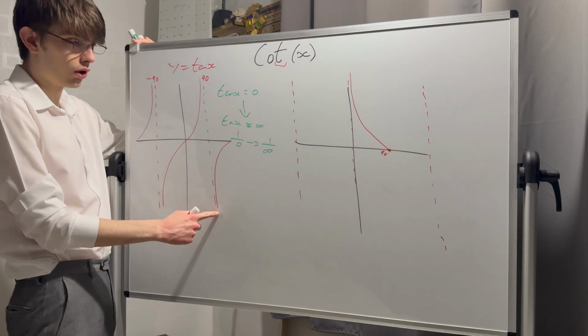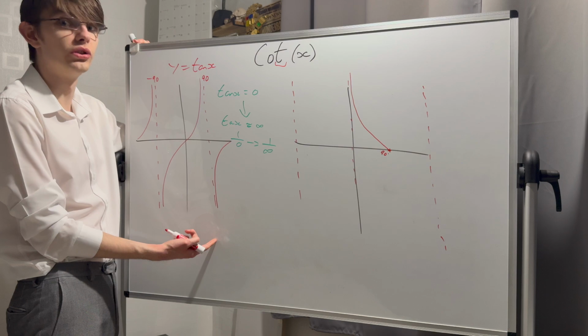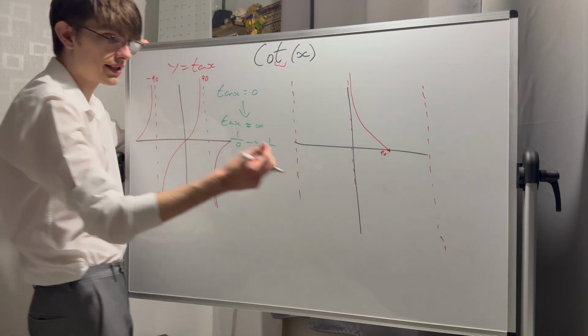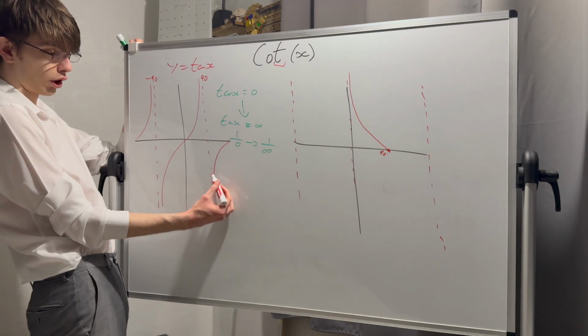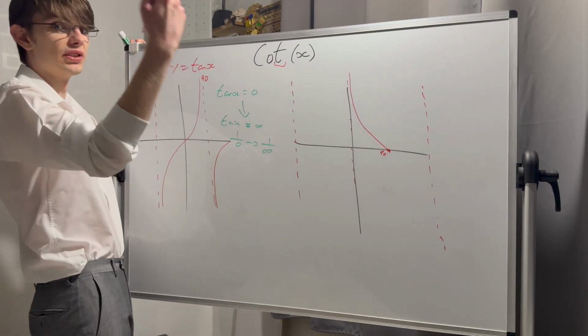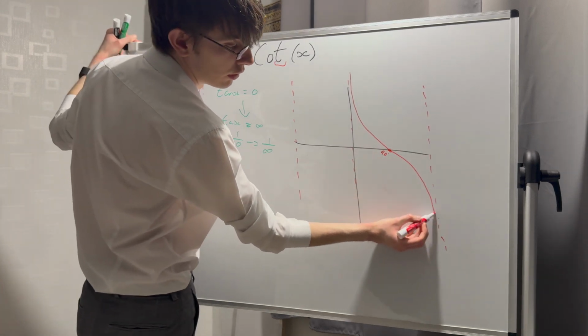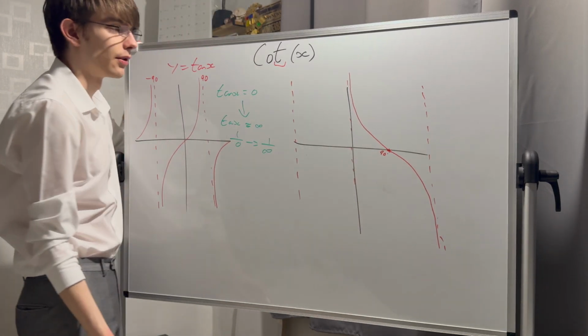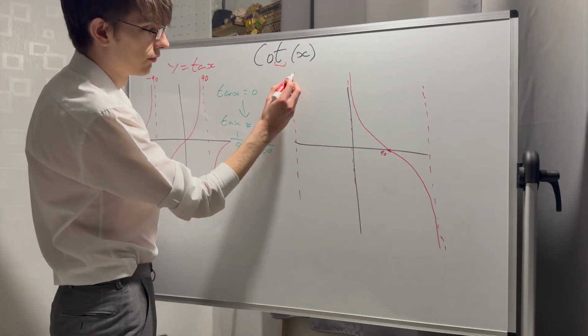Well, we start all the way down here at negative infinity, which is close to 0 when we reciprocate it. And we start up here, and then we get closer and closer and closer to 0. So when we reciprocate that, we get closer and closer and closer to infinity. And we end up with a graph that looks something like this, and this will of course keep repeating.